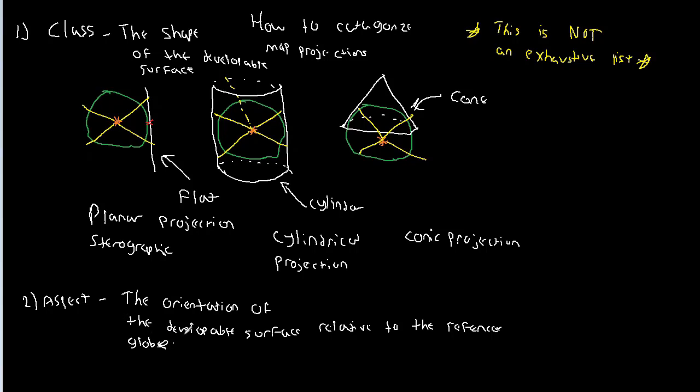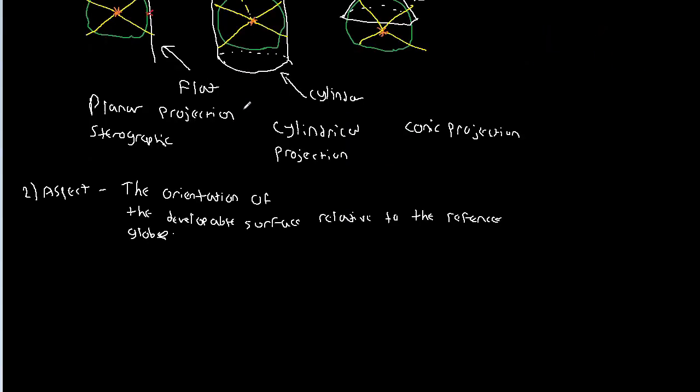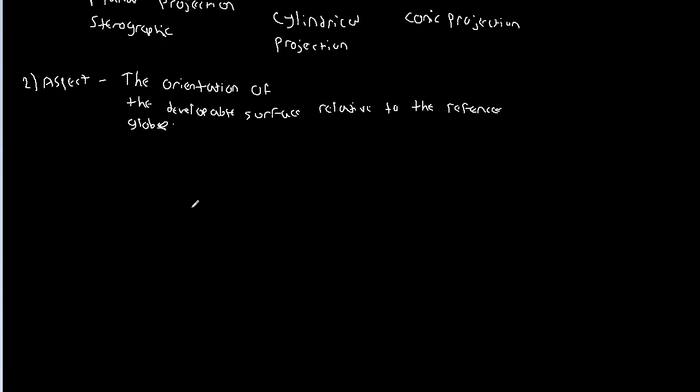Okay. And so what I want to do for the case of cylinder, because that's going to be the one that I think is going to be the easiest to visualize, is cover key terms and what those key terms mean. So if we think again about our reference globe, we're going to cover three common terms you'll see here.